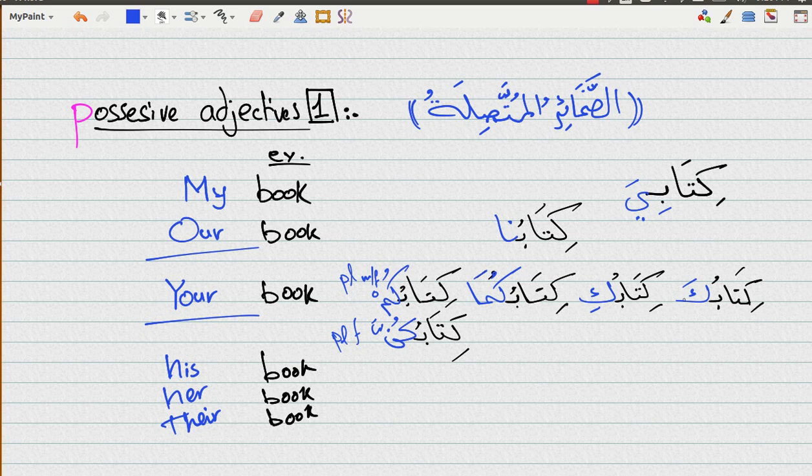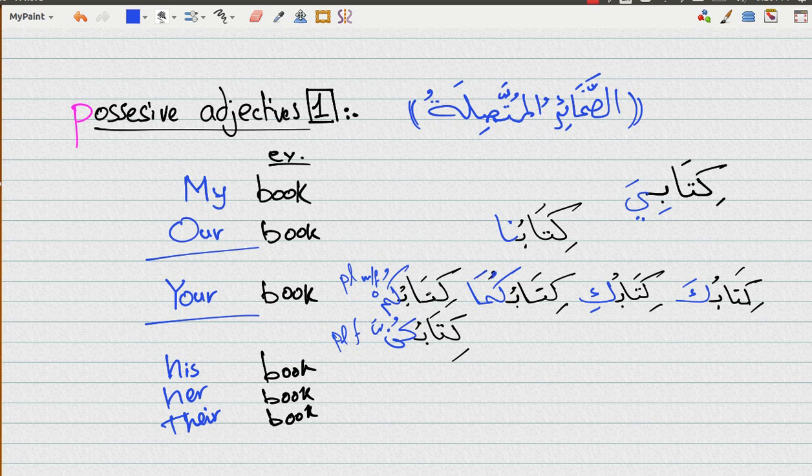Kitabuka for masculine singular. Kitabuki, feminine singular. Kitabukuma, dual. Kitabukum for three or more, feminine, masculine or mixed. Kitabukun for only females. Okay. So now you've noticed we have ka, ki, kuma, kum, kunna. They all start with ka.